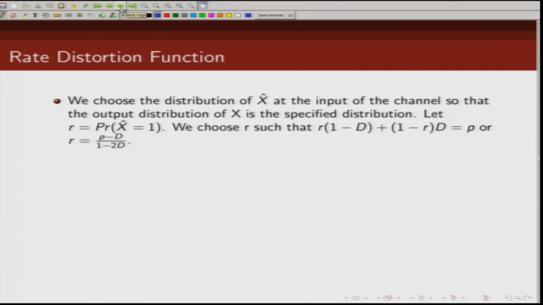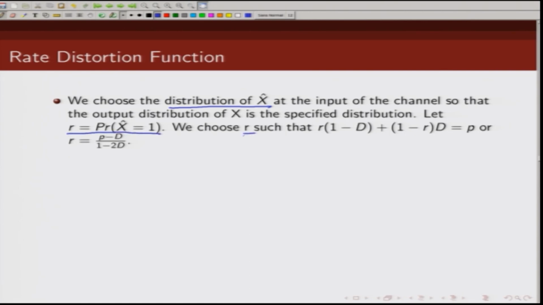Now, we choose a distribution of x hat at the input of this test channel such that the output distribution is the specified distribution. So, let r be equal to probability of x hat being 1.